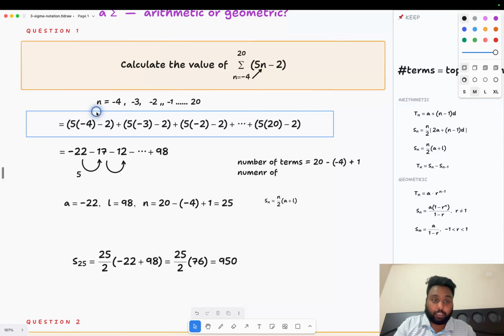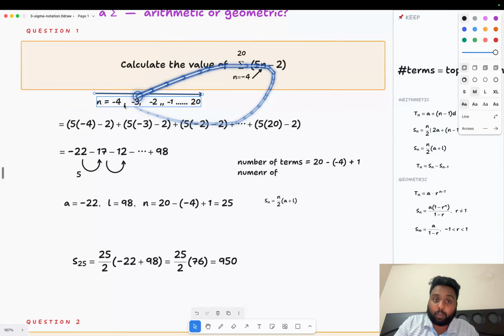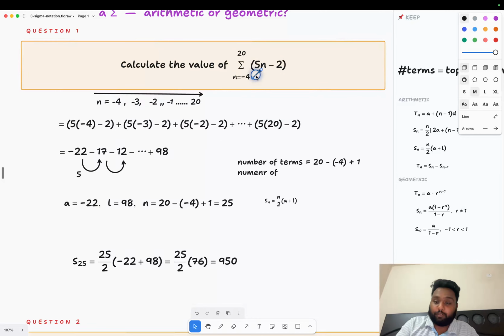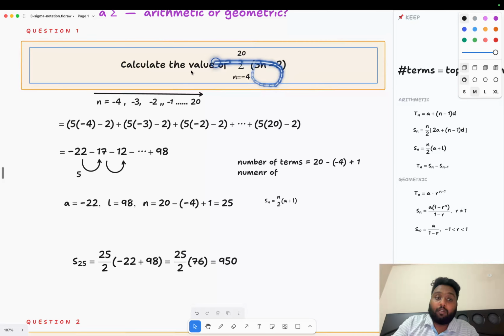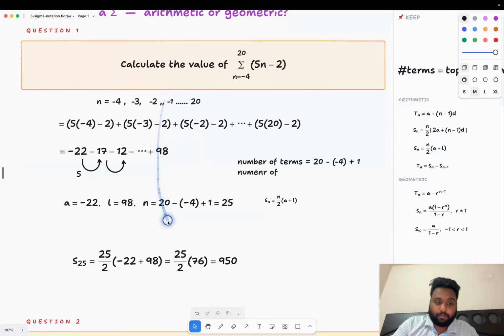Before, the question used to give us the series like this, but now the question will represent it in this manner. Using this, we will deduce what type of series it is, and then think about which formula to apply in order to find the final sum.